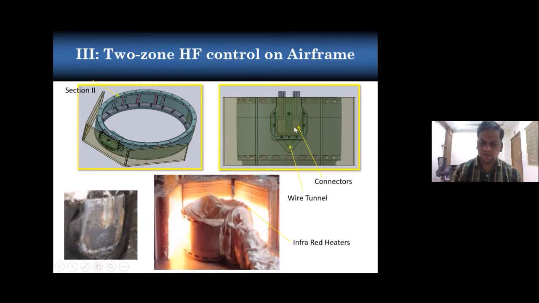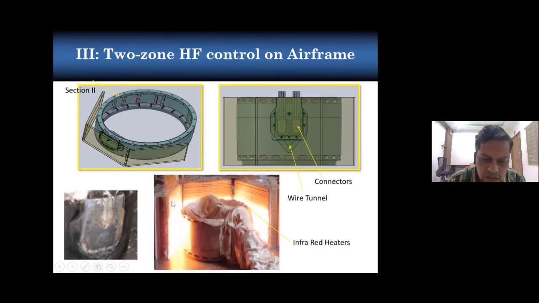So for that I have to do instrumentation on the connector, cable level and panel level, inside the panel and external to the panel. Then we made a setup and did differential control, because this section will undergo rolling. Due to rolling, it will have different heatings at different times.